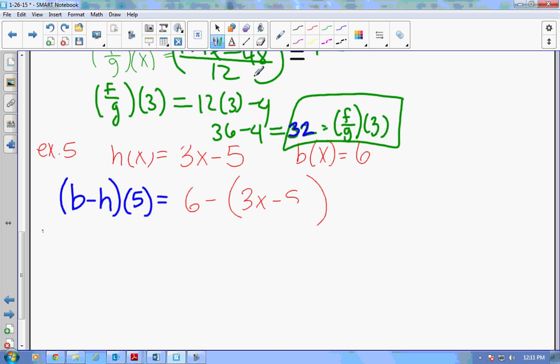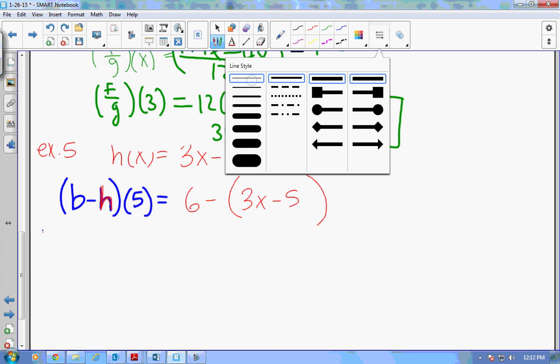3x minus 5. You don't put parentheses. You're not subtracting everything. Yeah? Yeah, I'm subtracting the whole h function. Well, there are some like terms. There's constants that are like terms.